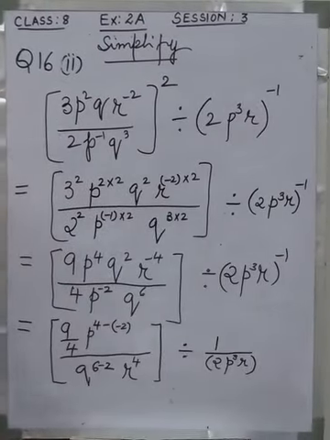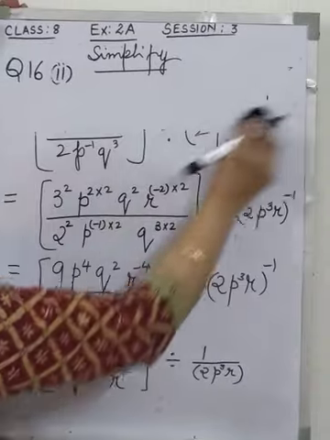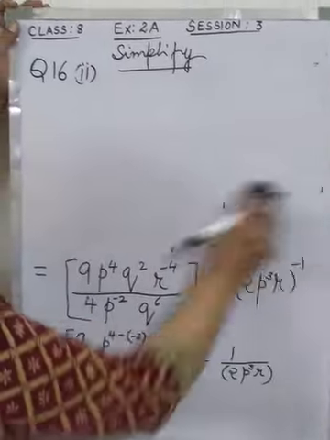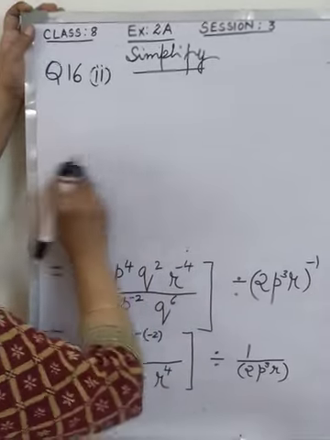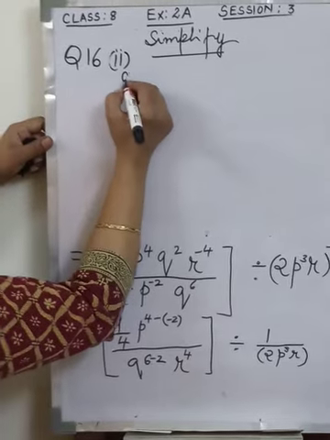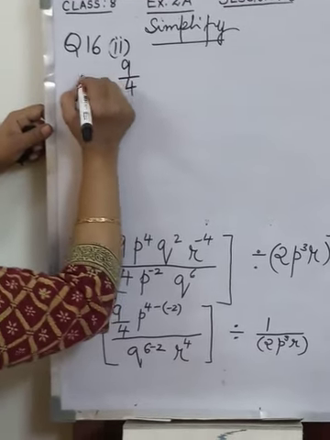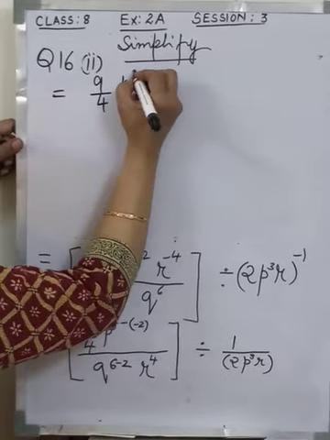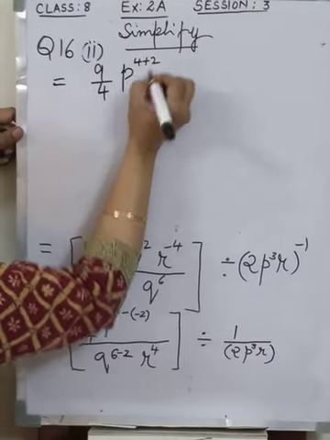Now I rub off the first step as I need more space to write. So what we are left with here in the numerator is 9 by 4, p to the power 4 plus 2 will become 6.